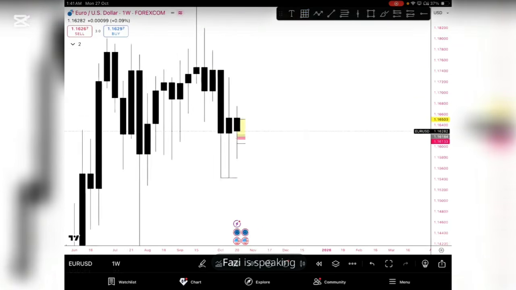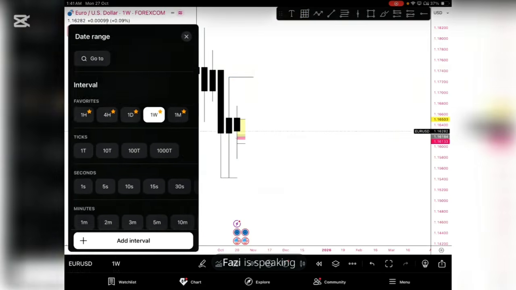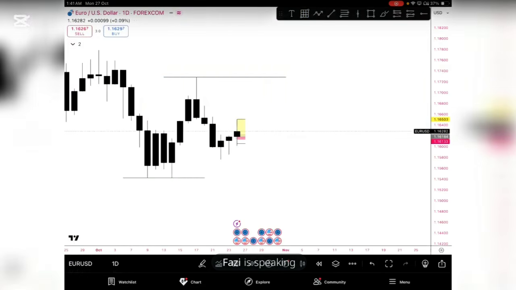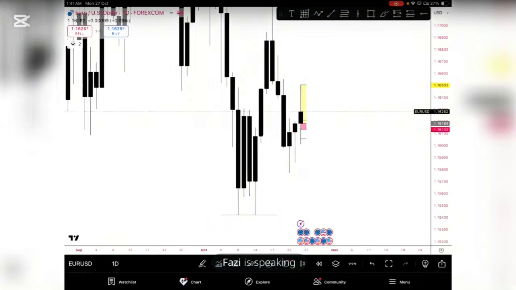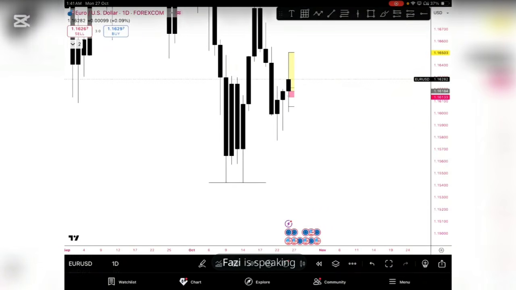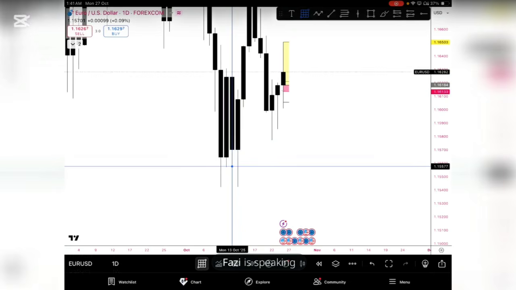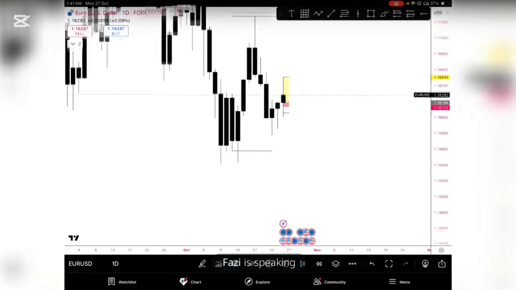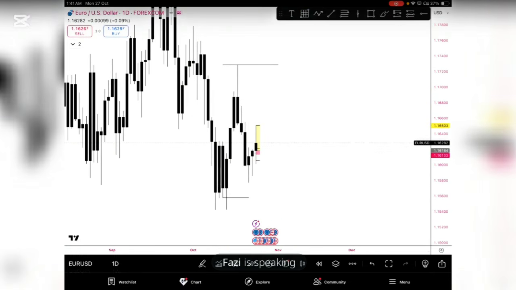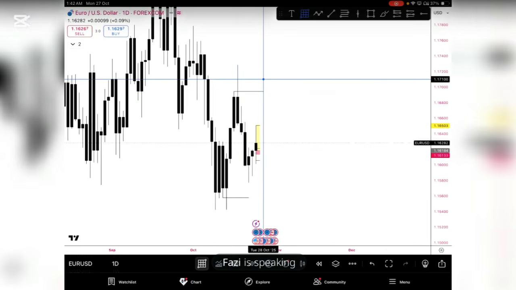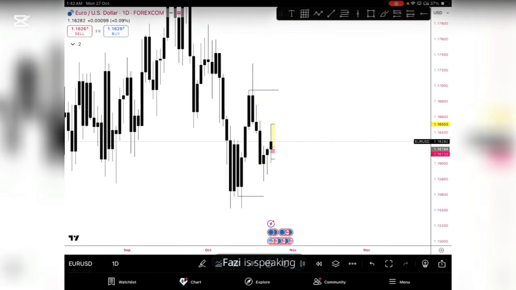Let's get into the daily. What happened on daily? So on daily, you can see the price gives you a sweep by this area. Okay, then you can see the price gives you a sweep on this level, right? So what happened on Euro USD? Euro USD gives you a sweep to these sells.